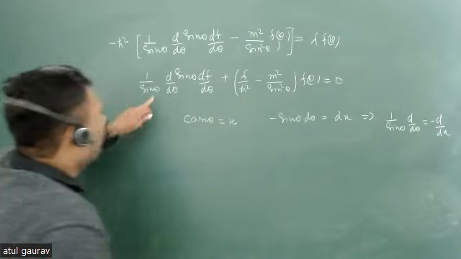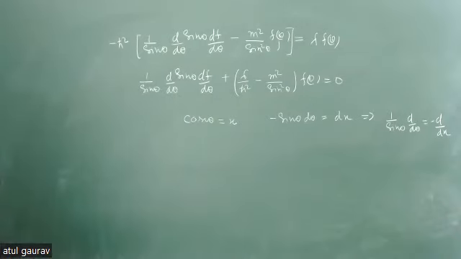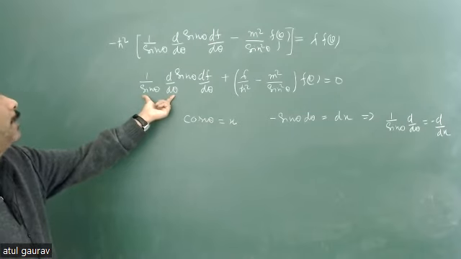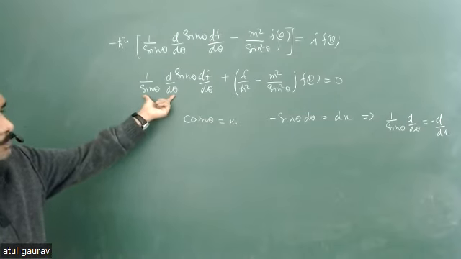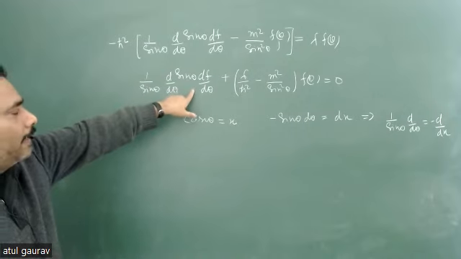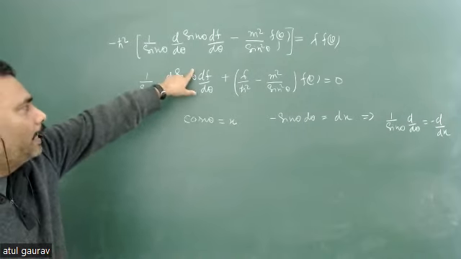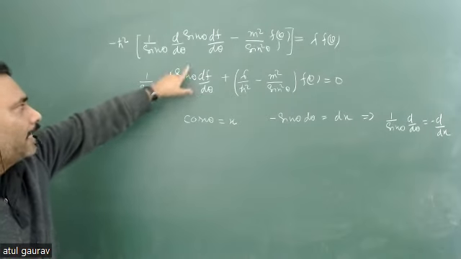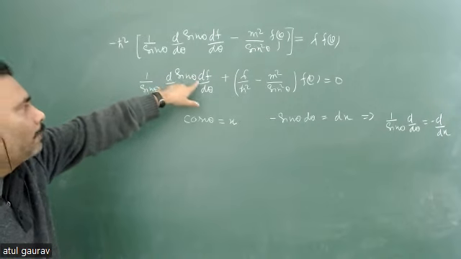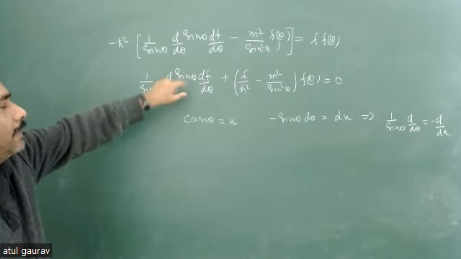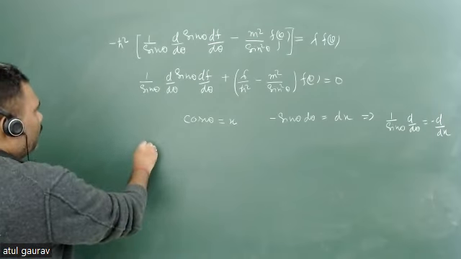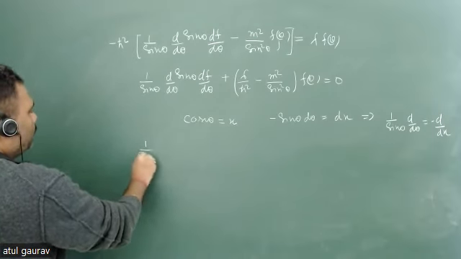Now, look at this particular thing. This all thing we can easily write as minus d upon dx. लिख सकते हैं ना? And if we are dividing with sine theta here, then we have to multiply with sine theta here. Then this sine square theta can be written as 1 minus cos square theta. लिख सकते हैं ना? Yes, sir. So we can just reorganize this thing.